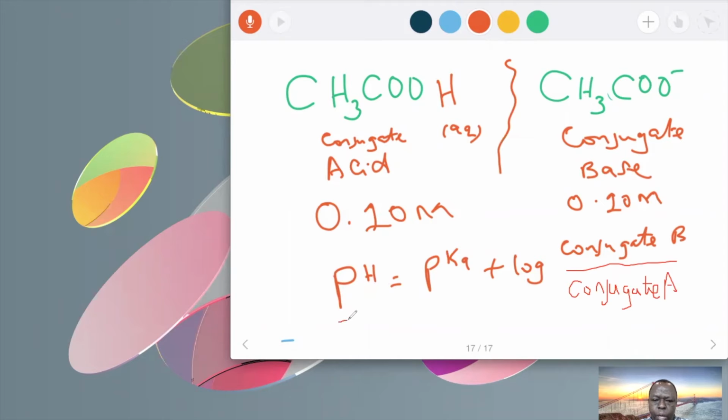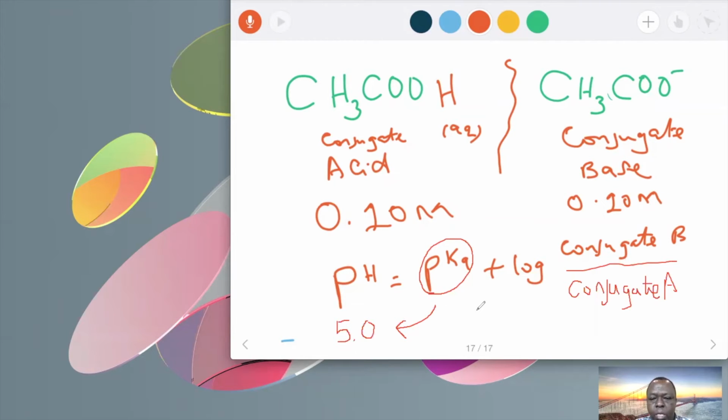So now, what's happening here is if you are to make a buffer solution which maintains a pH around pH 5, you will pick an acid whose pKa is closer to 5.